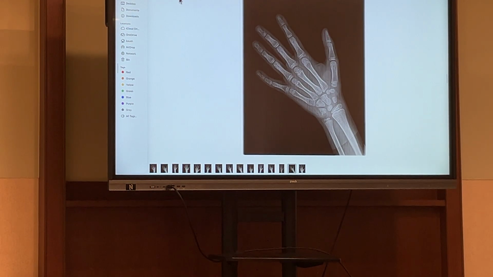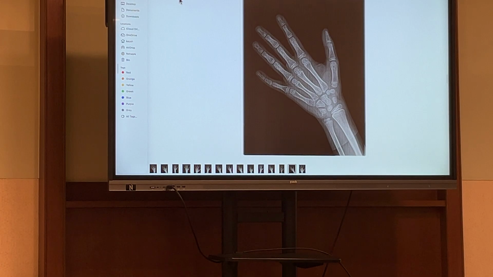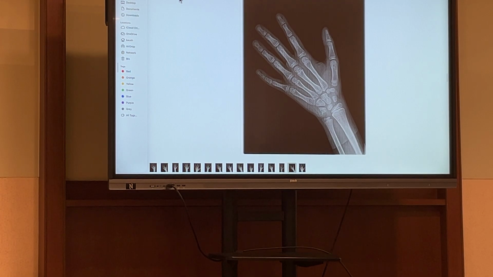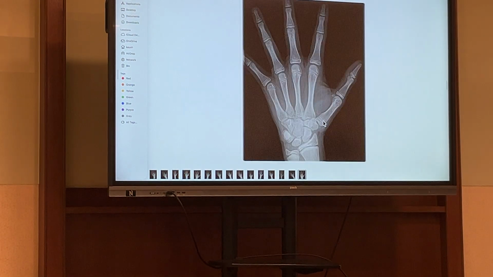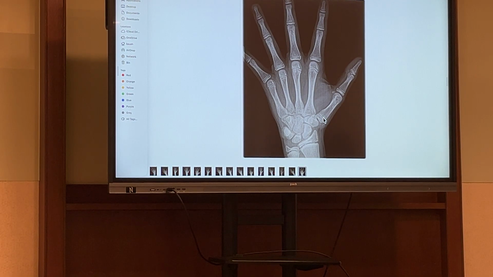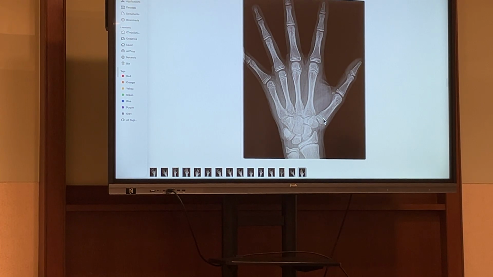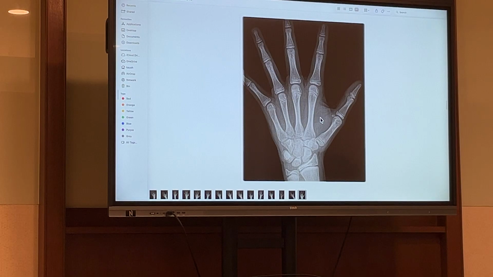What about this? 2. The pisiform is just beginning to appear, so it's stage 1. What about this? This is the last X-ray I have, so you have to get this right. 3. Thank you. 3. So there is no capping, but there is sesamoid.